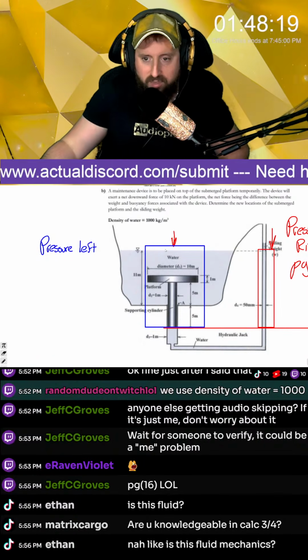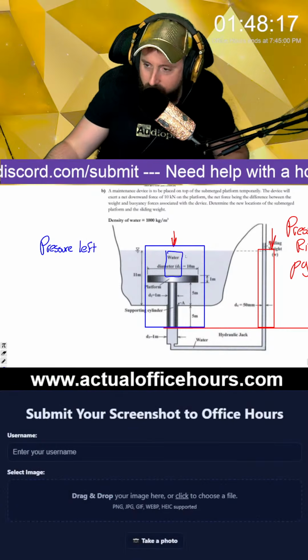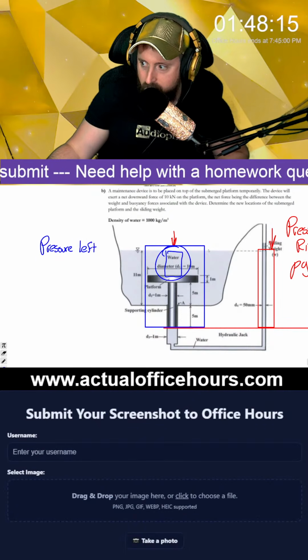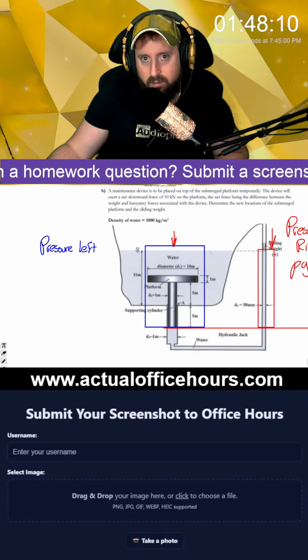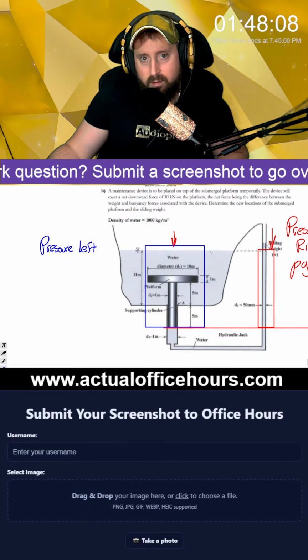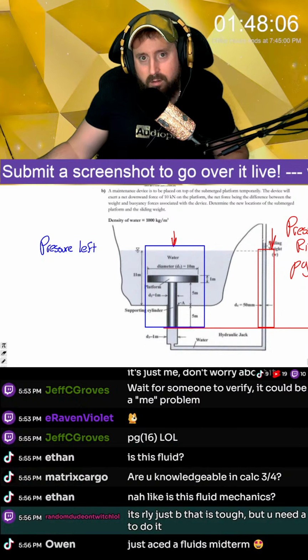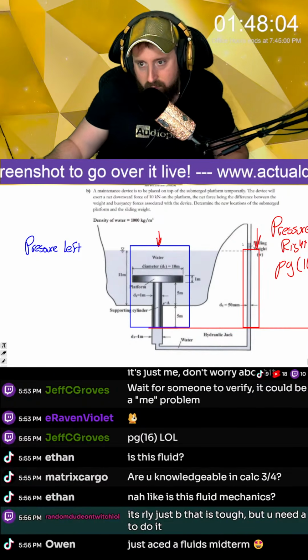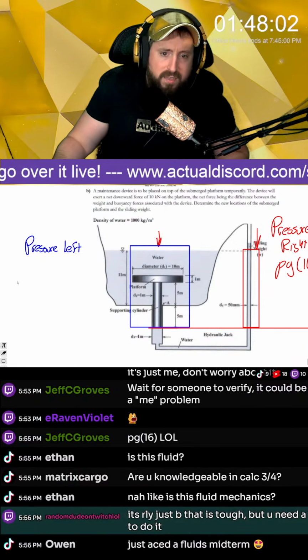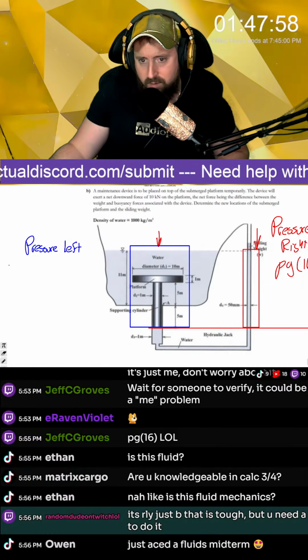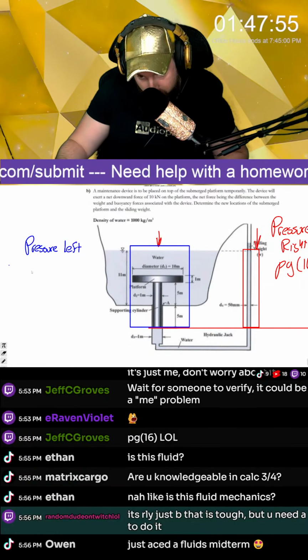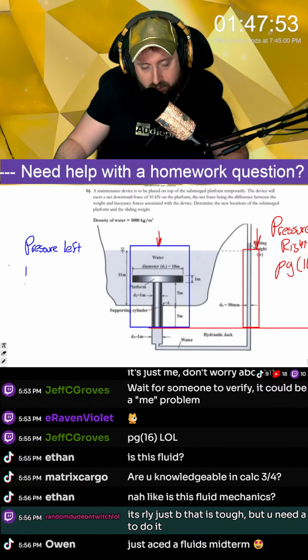Do I count just this column of water? I feel like I just count this column of water pushing down on it. So I think that's rho g times 5, because the whole thing's 11.